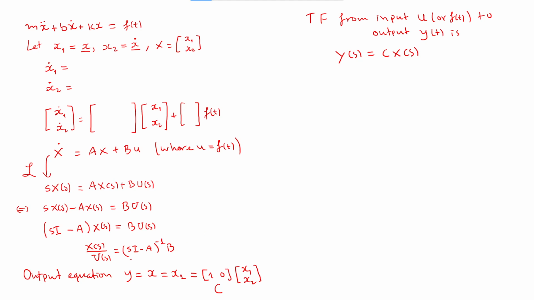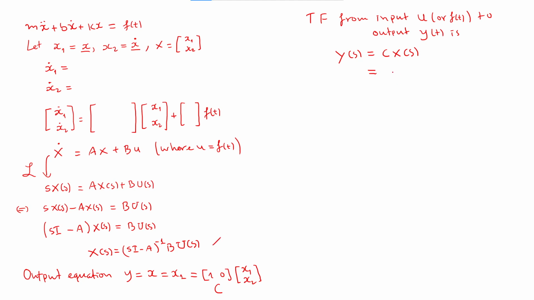From this equation you don't need to write the ratio like this. We just need h of s, and you keep u of s here first.